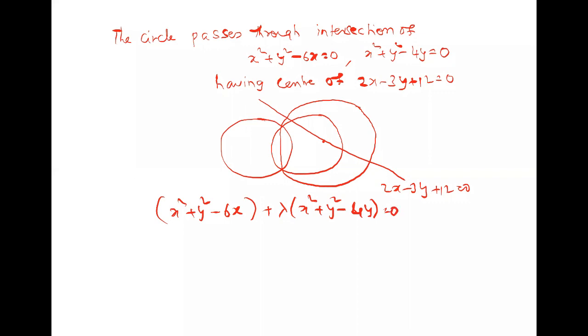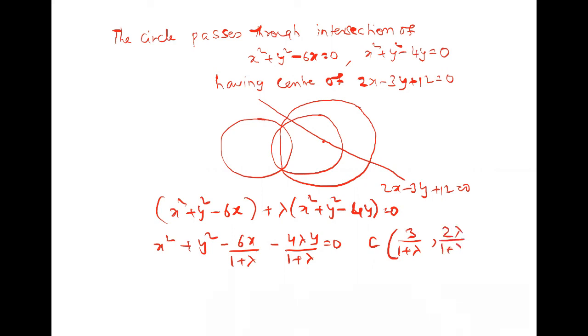We get x square plus y square minus 6x by 1 plus lambda minus 4 lambda y by 1 plus lambda equal to 0. Coordinates of center will be 3 comma 2 lambda by 1 plus lambda. This center lies on this line.